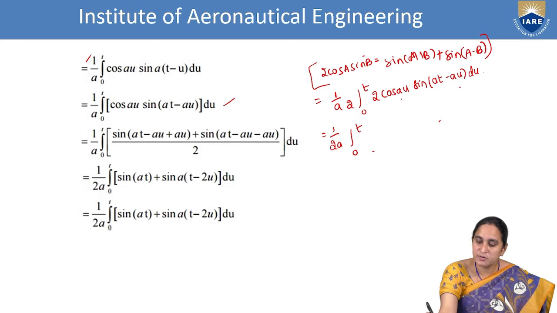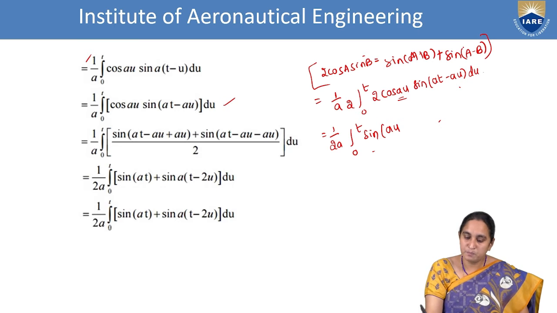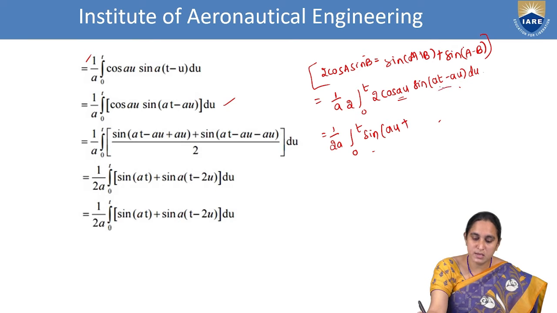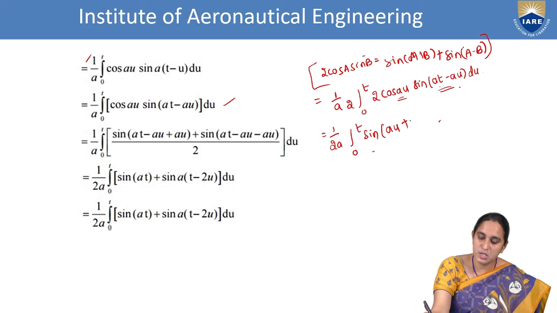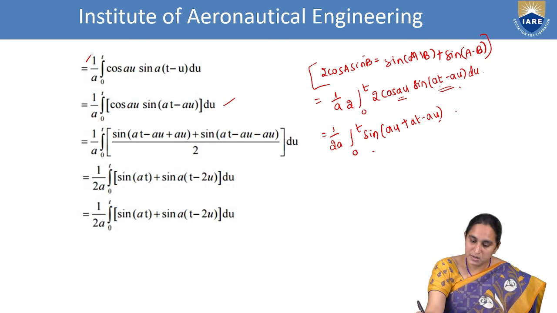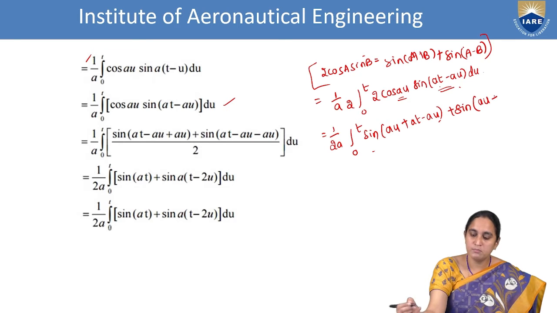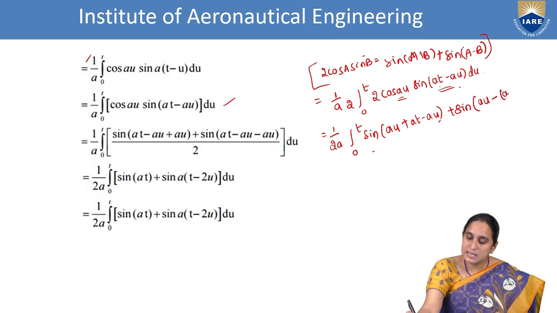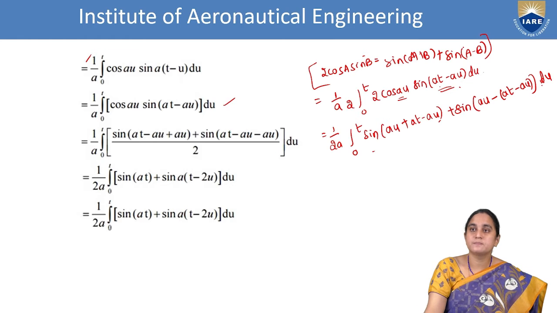Here what is a? It is au, that is sin au, and plus, what about b here? At minus au. Plus sin a minus b, that is au minus of at minus au, into du.